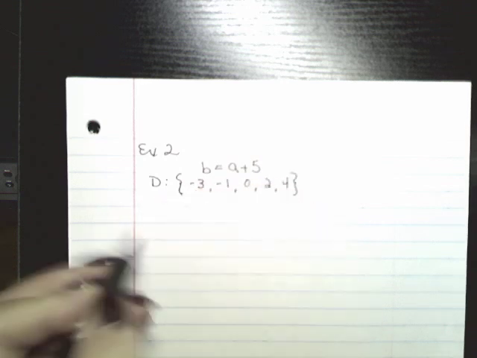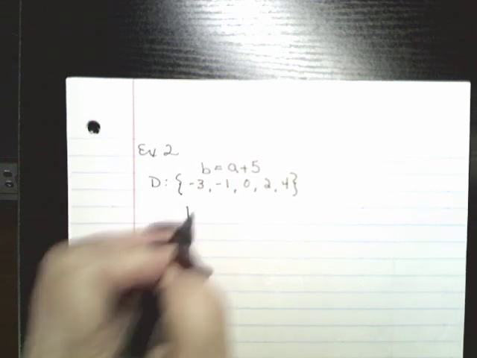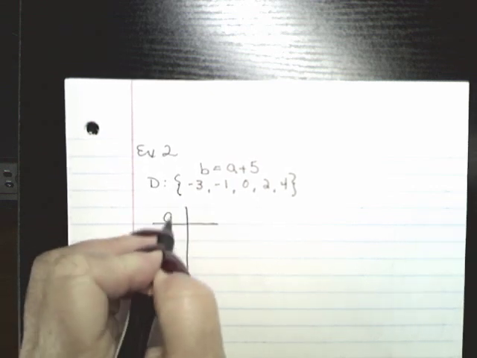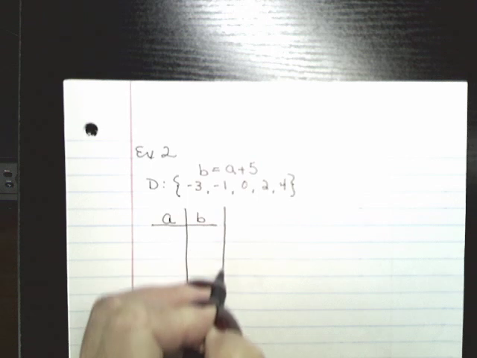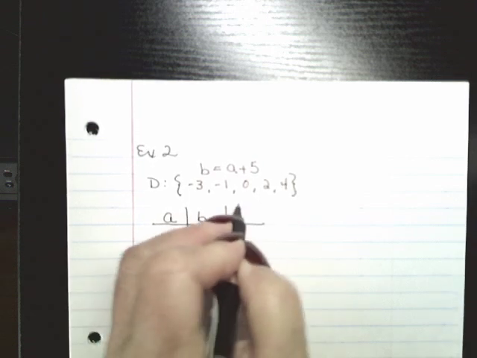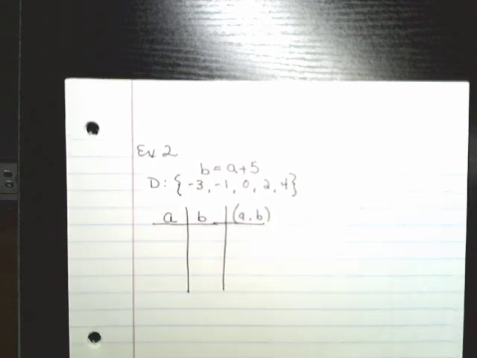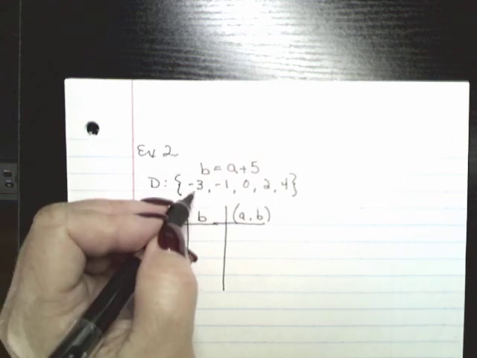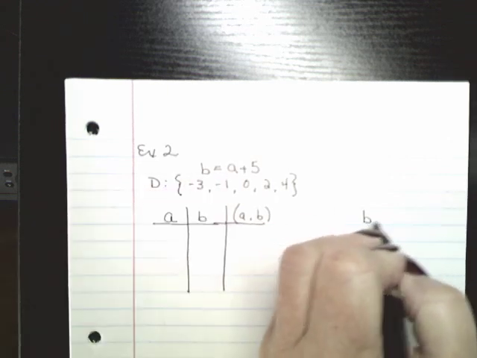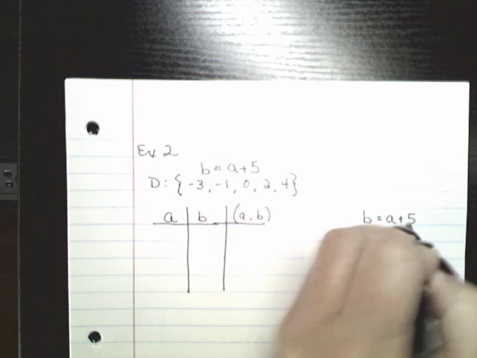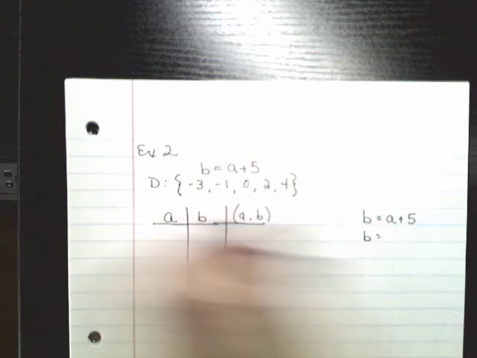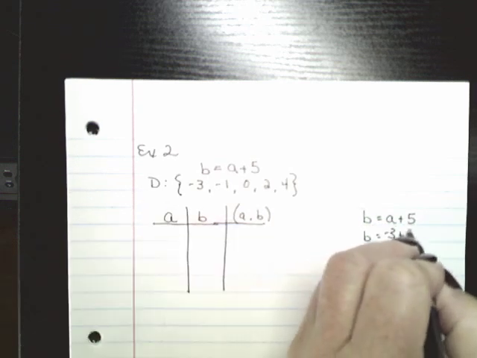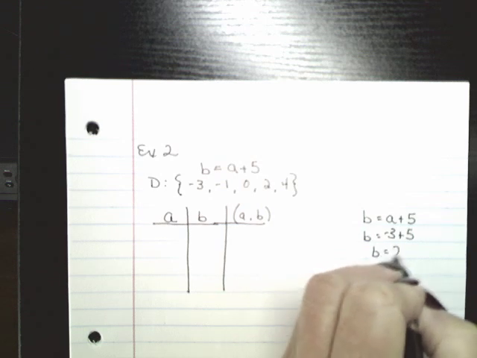So what I would do is make a table, and I would use A and B. And then for your ordered pair, do your ordered pair (A, B). So I would take -3. So I'll write one of them out. B equals A plus 5. B equals -3 plus 5. B equals 2.